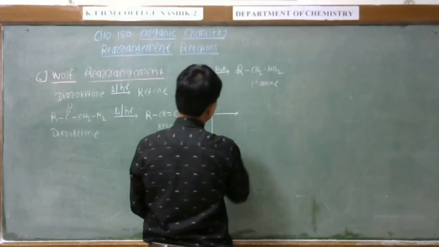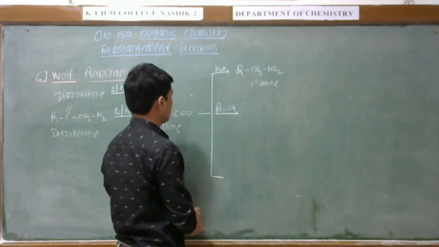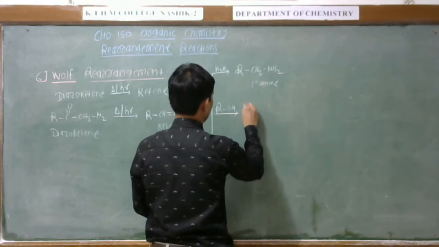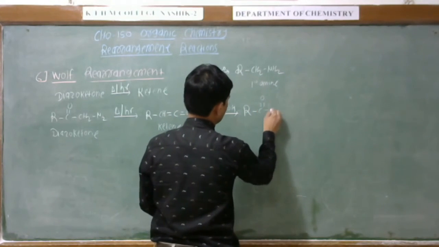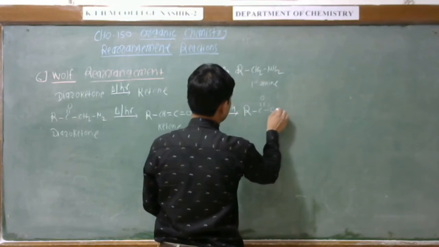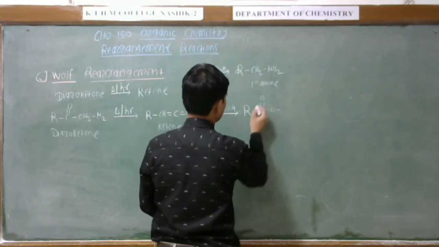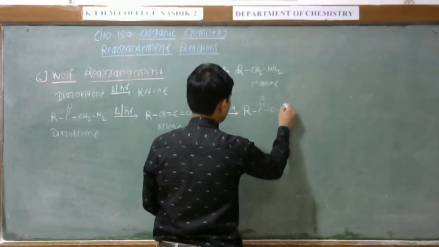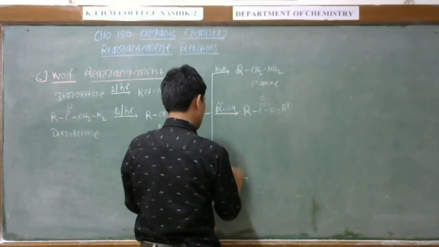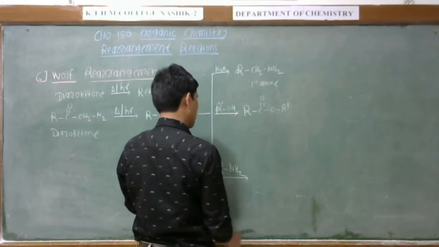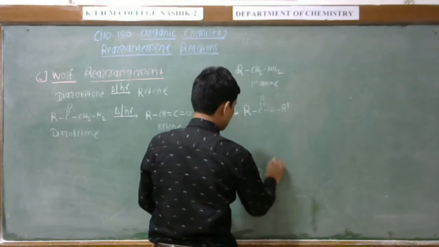When ketene reacts with alcohol, it gives the ester, with R dash here. And when ketene reacts with primary amine, it gives the substituted amide.